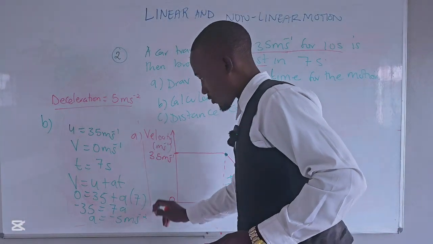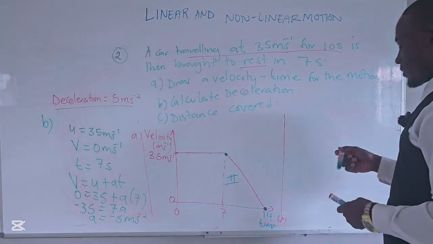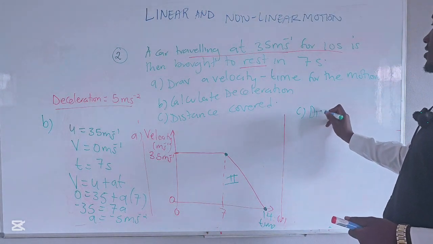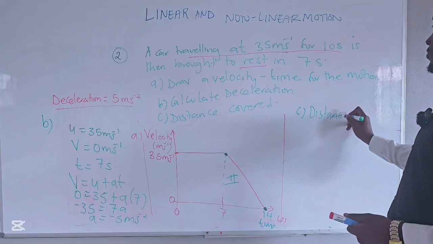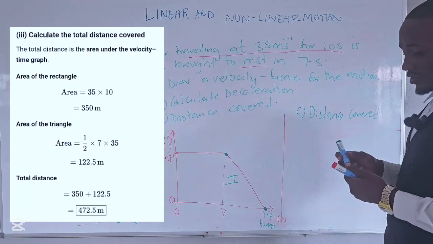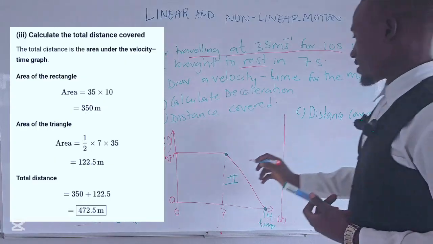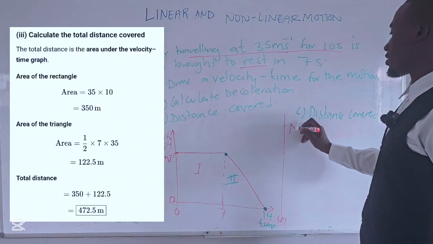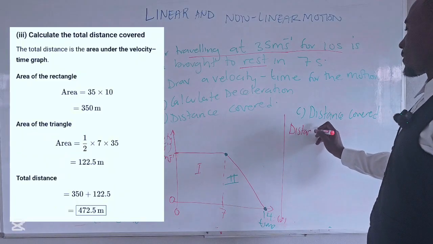Part 3 of our question, they're asking us to find the distance covered. Now the distance covered, we have already seen that it is the same as the area under the velocity time graph.